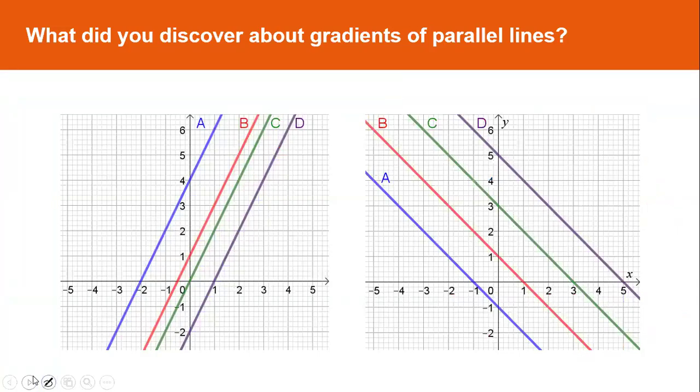I want you to look at those lines on the chart. Do you think those lines have the same gradient? If yes, which of those lines do you feel are parallel? Okay, Treat, do you feel these lines are parallel? Yes, sir. Emmanuel is saying yes.